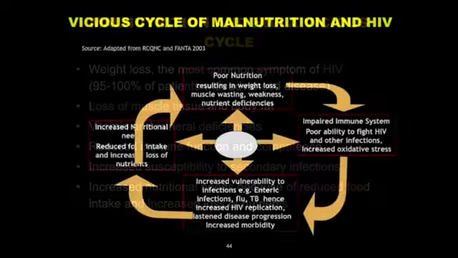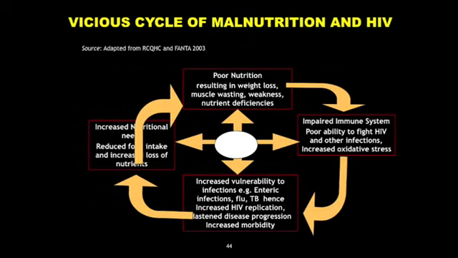We have a nice picture, I wish we could show it, about the vicious cycle of malnutrition and HIV, with HIV in the center and many arrows, showing that it's a cycle.